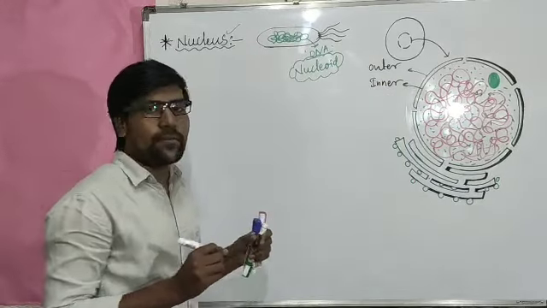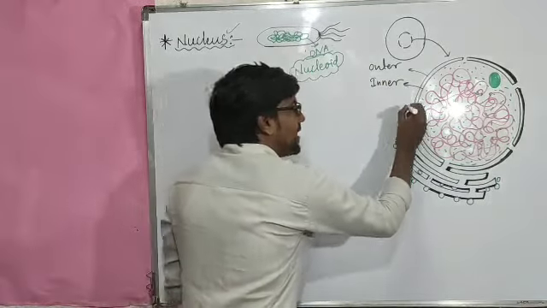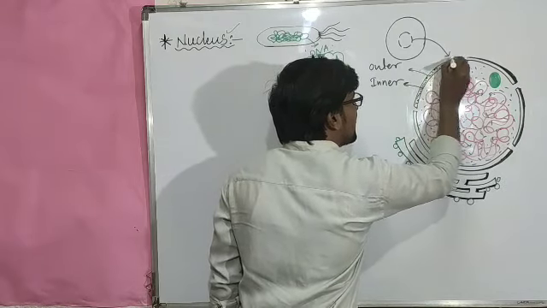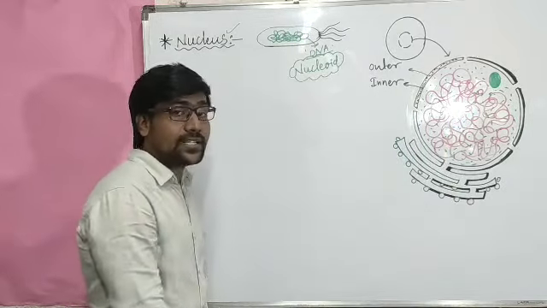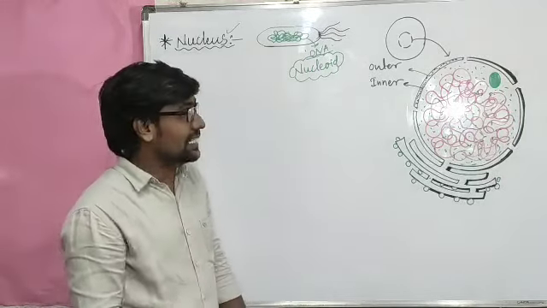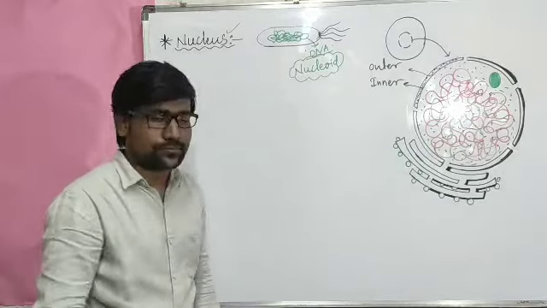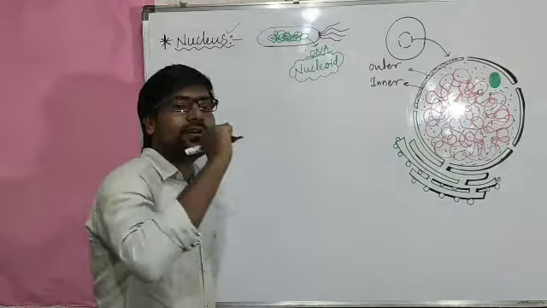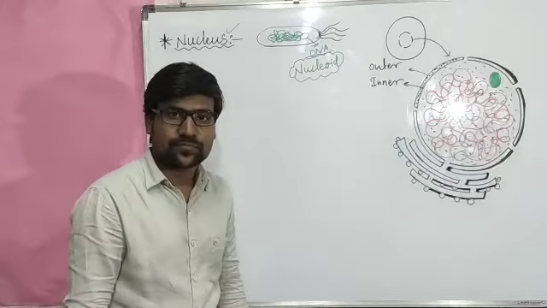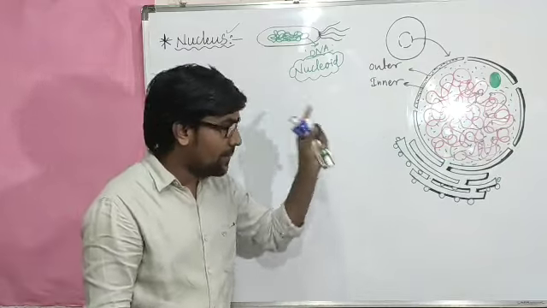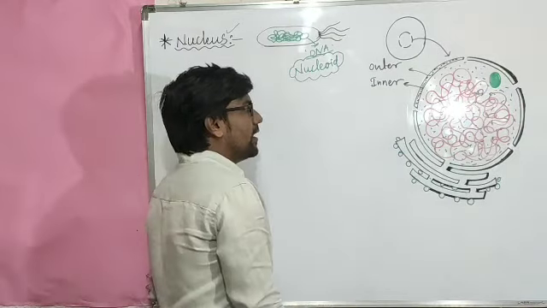That means two membranes are present here, and in between the two membranes there is a very minute gap. That gap is considered to be the perinuclear space, or perinuclear membranal space, the gap between these two layers.